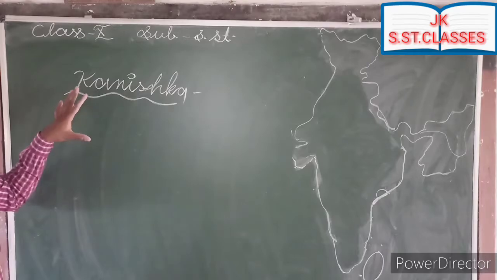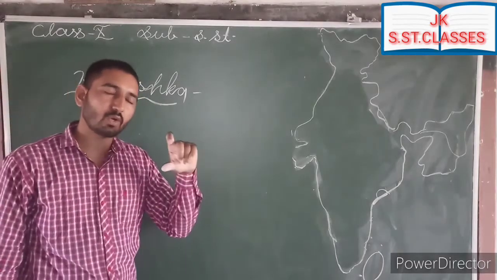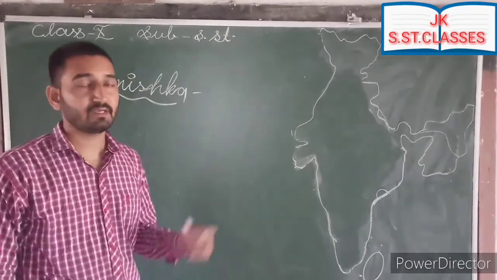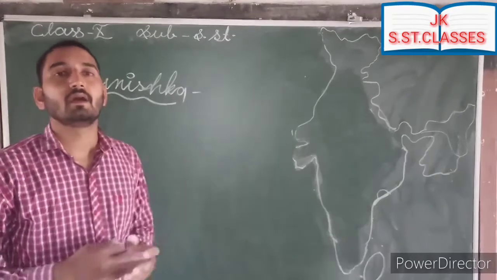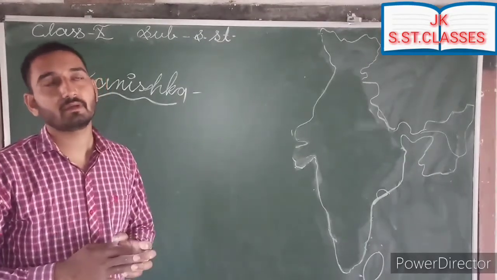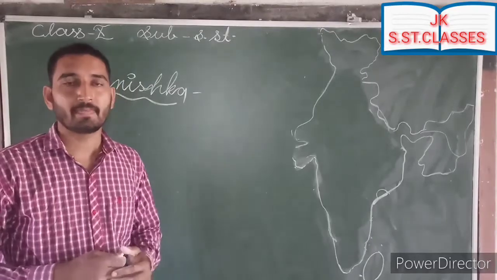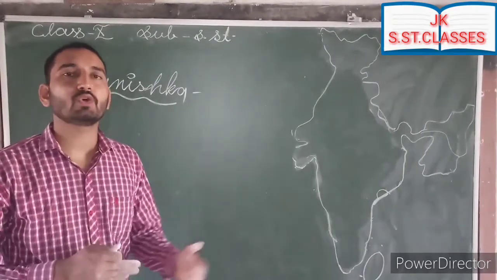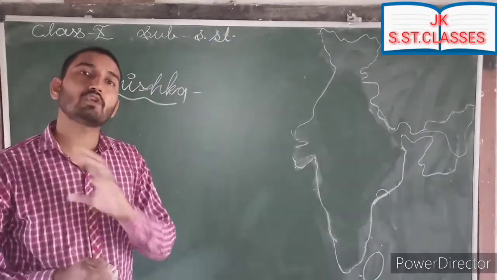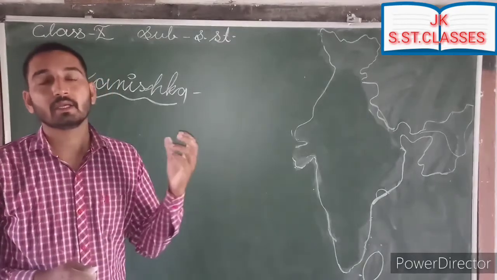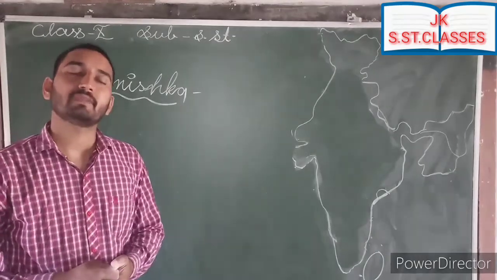Guys, in your exam you can find a short answer second type question related with Kanishka, means like write a detailed description of Kanishka, write a note on Kanishka, along with that what do you know about Kanishka and which was the most powerful ruler of Kushan dynasty, give a detailed description of that.